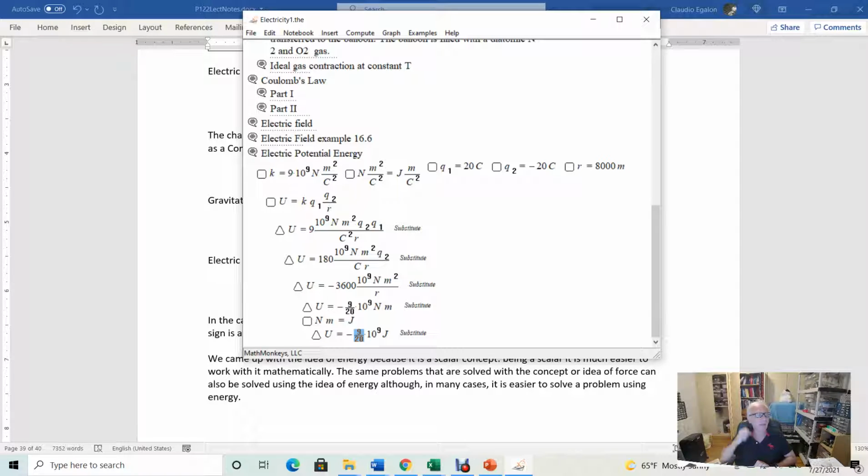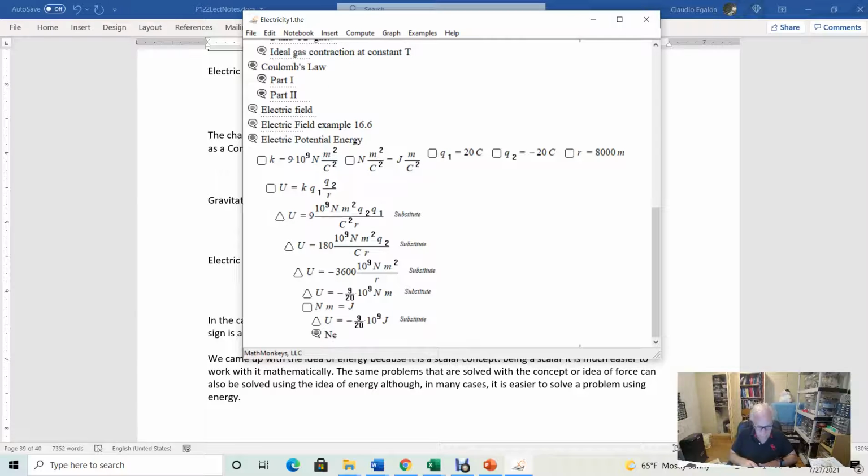That's what negative potential energy means. In this case, the charges are attracting each other.